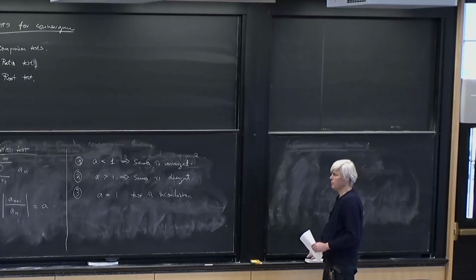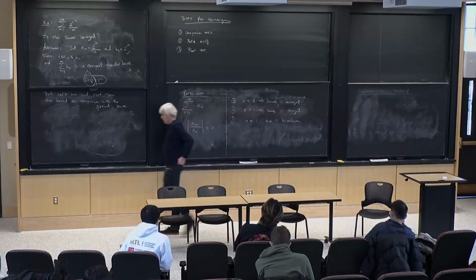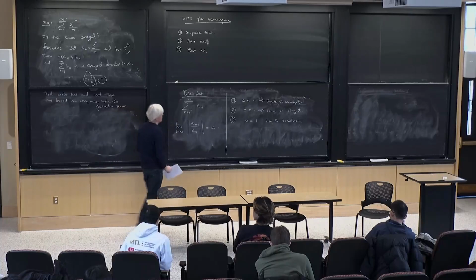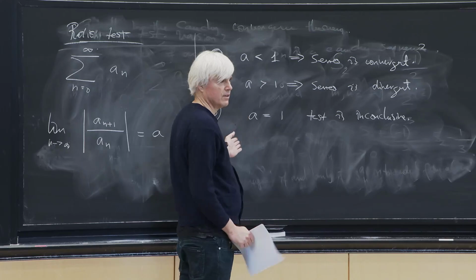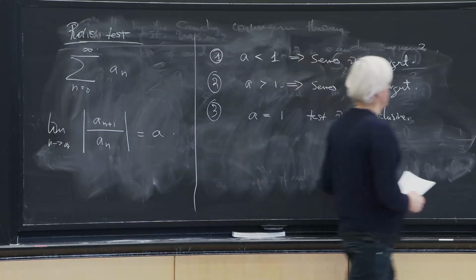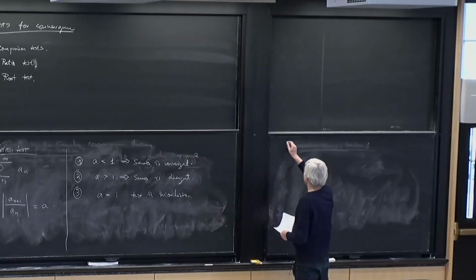Okay, so now let me try to explain why you have, well, inconclusive, I don't really need to explain anything. But why in the case, so proof of case 1.